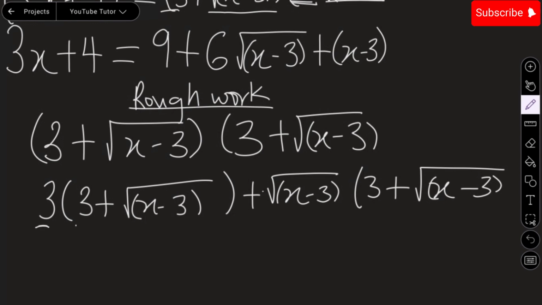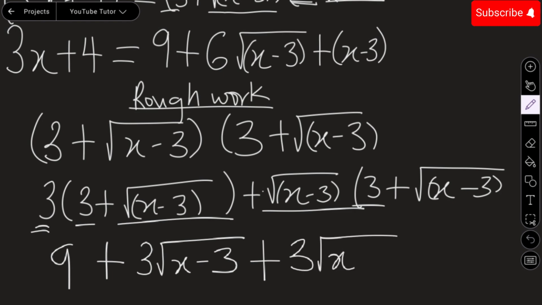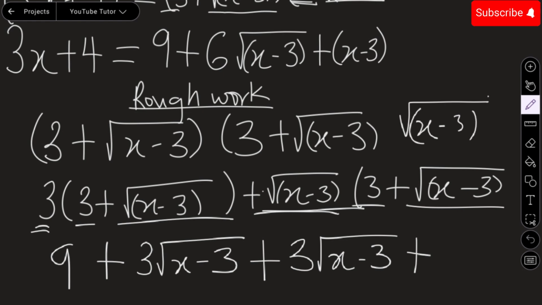And clearly we can see that 3 times 3 gives us 9 plus 3 times root of x minus 3 gives us 3 times root of x minus 3 plus another one. So x minus 3. Then plus this times this. Since we have x minus 3 squared, the squared cancels the root. That's why it is left with x minus 3.